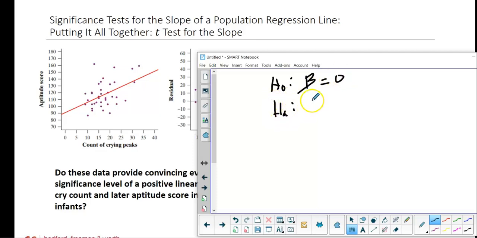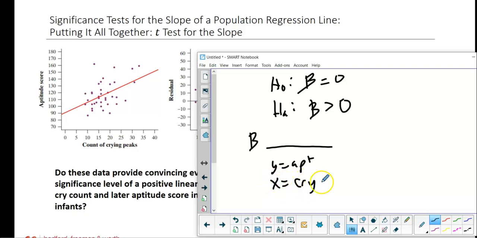The alternate is that beta is greater than 0 because it says a positive linear relationship there. And then you want to find what beta is. Beta is the true population slope of the regression line when y equals aptitude score later in life, and x equals crying for a group of infants.